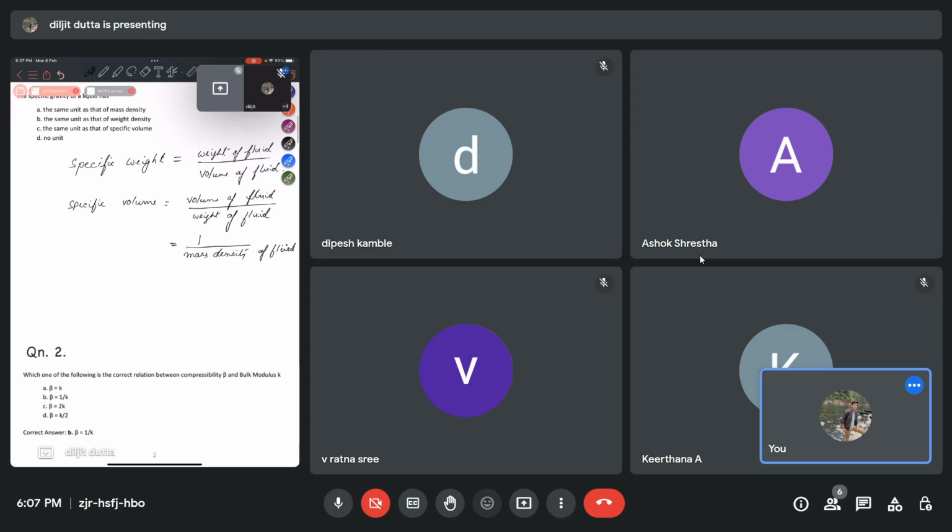So now what is specific gravity? Specific gravity of a fluid is given by the specific weight of the fluid divided by the specific weight of water at 4 degrees centigrade.